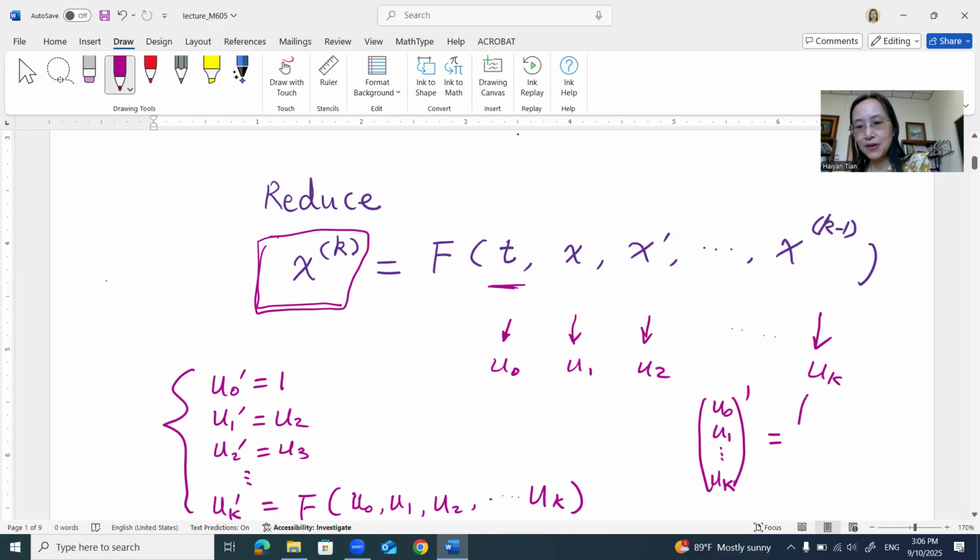So the right-hand side is the vector field that involves only this vector. So the right-hand side does not depend on t explicitly. The last equation will be u naught, u1, u2, uk.